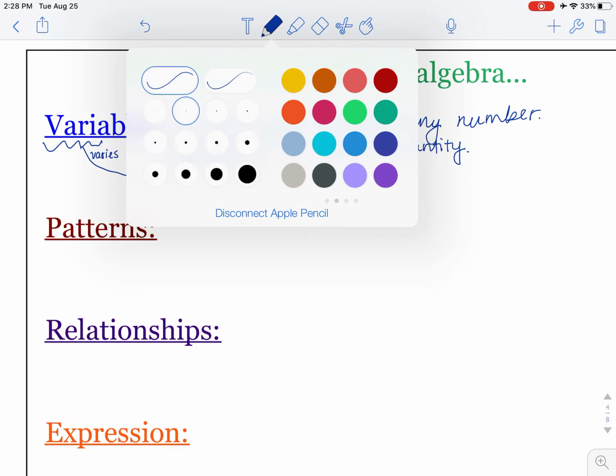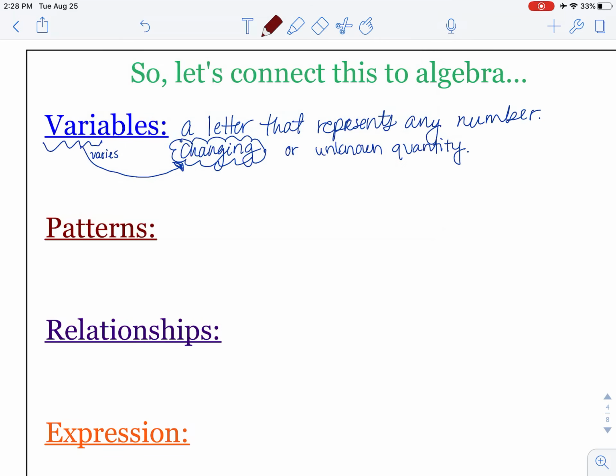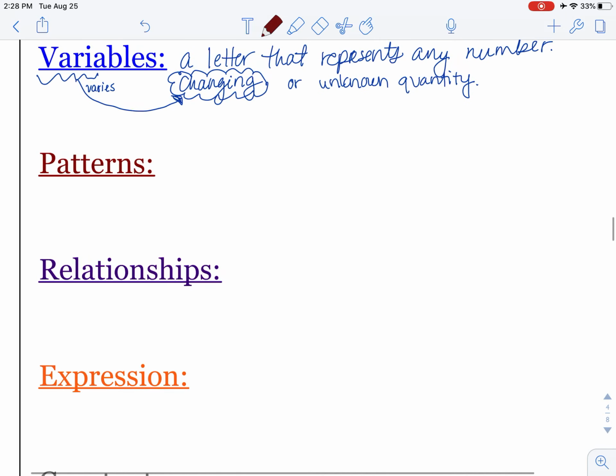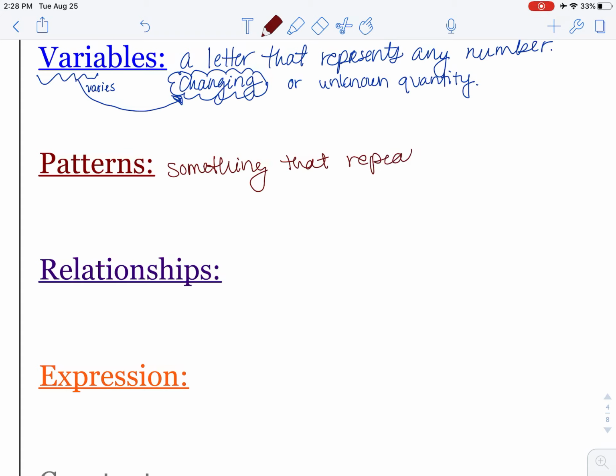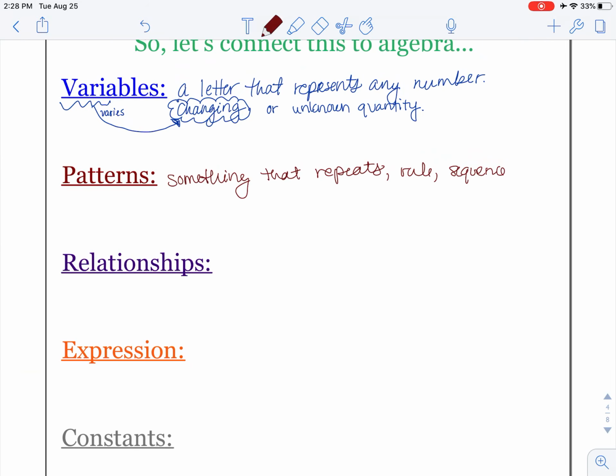Another word that we need to look at is patterns. Patterns are something that repeats over and over again. It's a rule or a sequence, and I also like to call it a template.